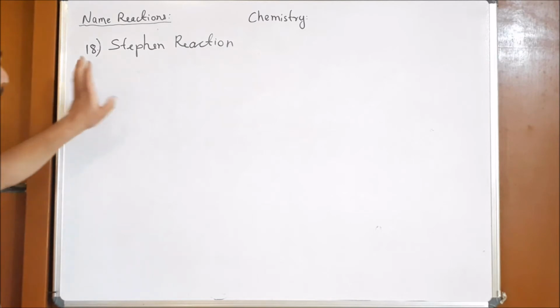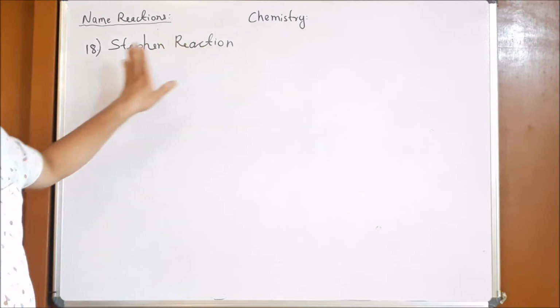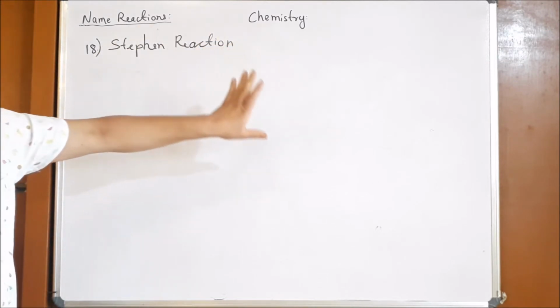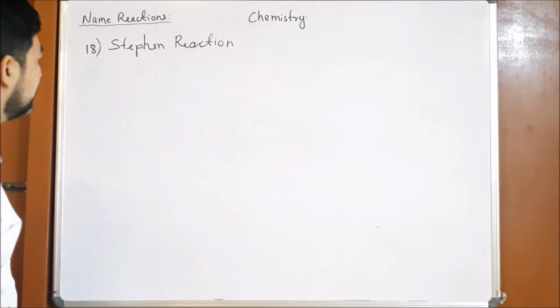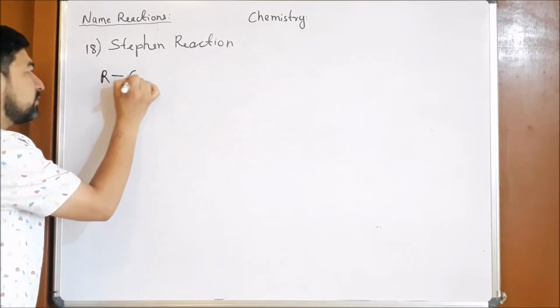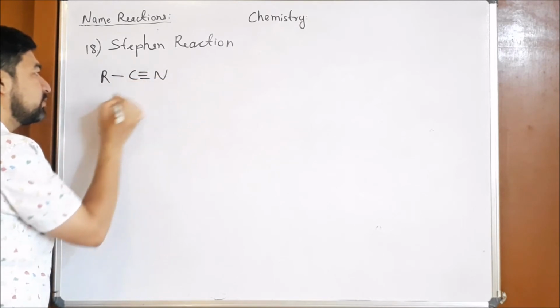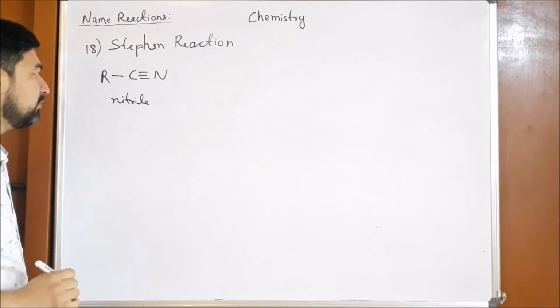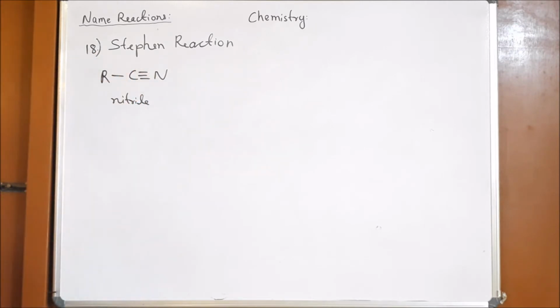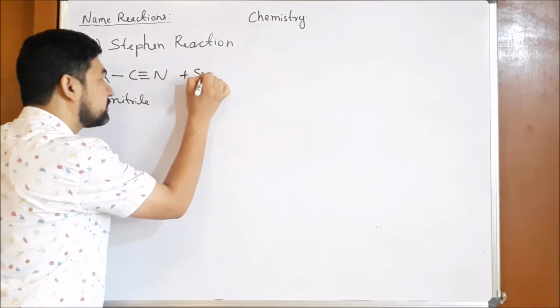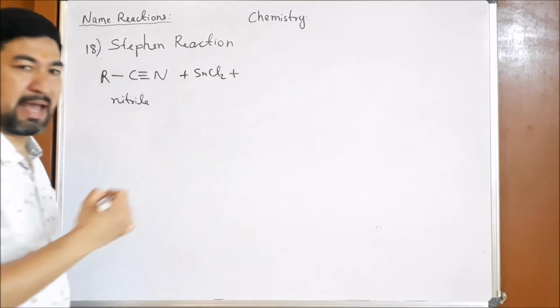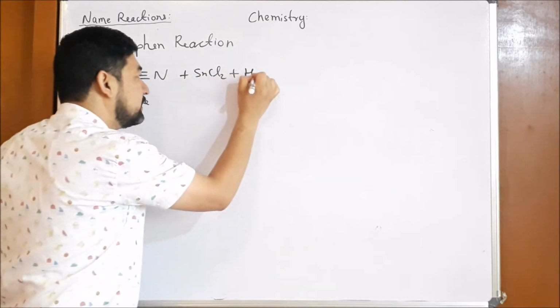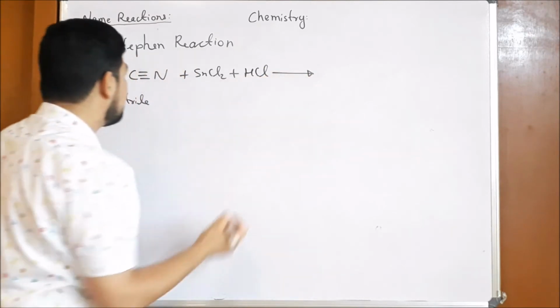The next reaction is the Stephen reaction, in which a nitrile group is converted into an aldehyde group. We'll take one example. If we have this, we call it nitrile in IUPAC name. In common name we call it alkyl cyanide. When this nitrile group is treated with stannous chloride and hydrochloric acid, it forms imine.